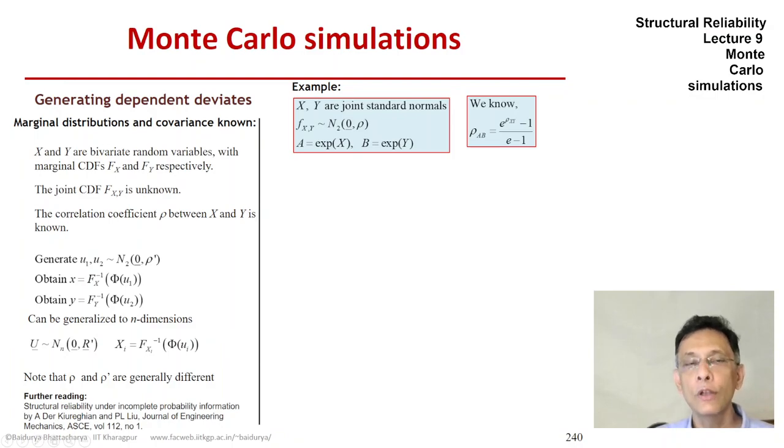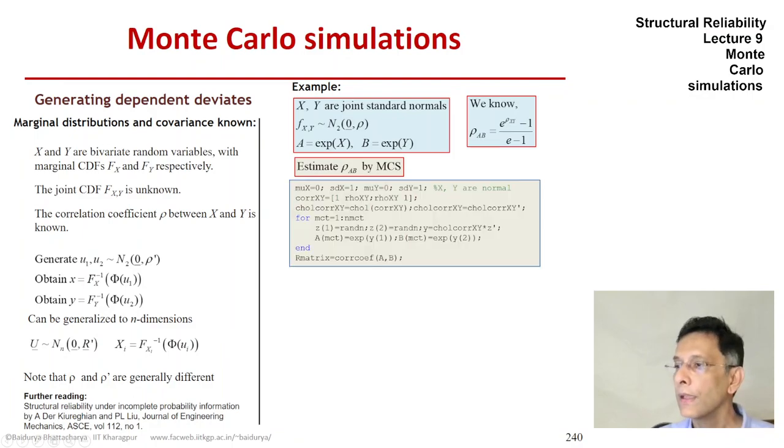We have already determined this a few lectures back, what the correlation between A and B is in terms of that between X and Y, but here we are going to solve that by simulation. So we will find rho of AB by Monte Carlo trials. Here is the code. We define the random variable parameters in the beginning. X is standard normal, so is Y, and X and Y are correlated.